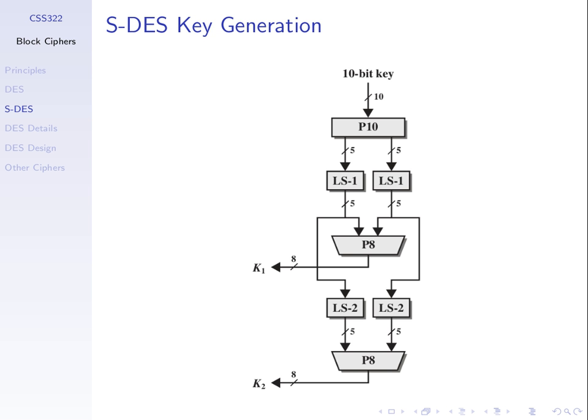A left shift by 2 positions means this one will not move to here, it will move to the 3rd bit. Everything's rotated or shifted to the left by 2 spots. And the same on this side.